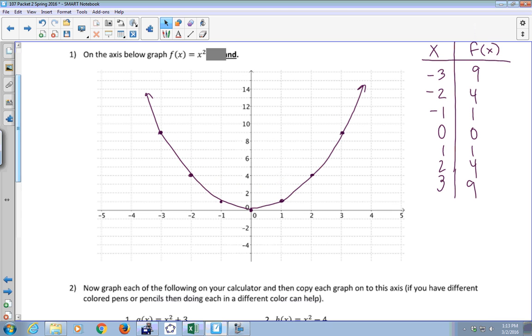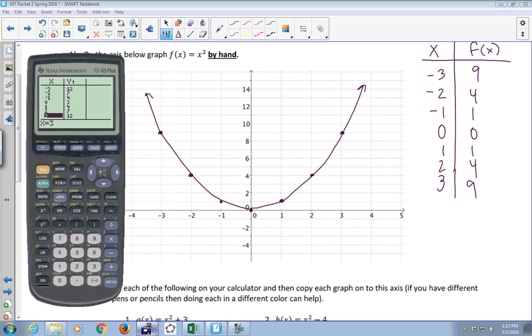All right, so I'm gonna sketch this in a different color. So I have -3, 12, -2, 7, -1, 4, 0, 3, 1, 4, 2, 7, and 3, 12.